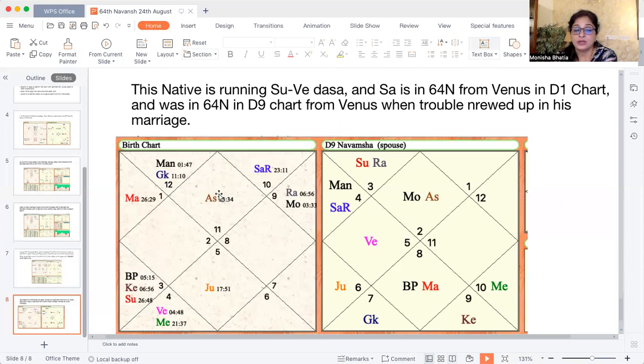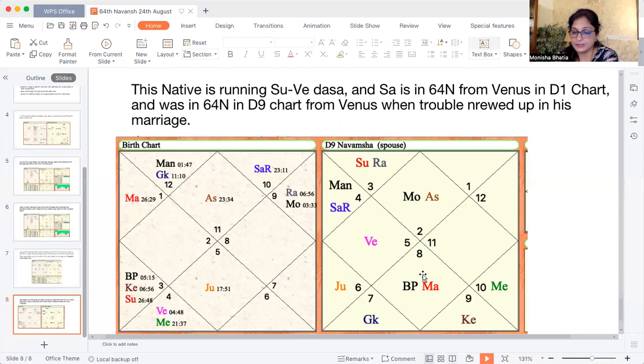So from Venus in the D1 chart, the 64th Navamsha is afflicted by the planet Saturn. Similarly, in the D9 chart, the sign of Scorpio is afflicted naturally. So which shows that in the period of Venus, something negative or some problem related to marriage will happen.